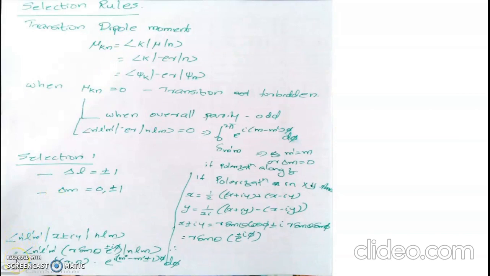Now we will have to talk about the selection rule as long as the interaction of electromagnetic radiation in the visible range with material medium is concerned.